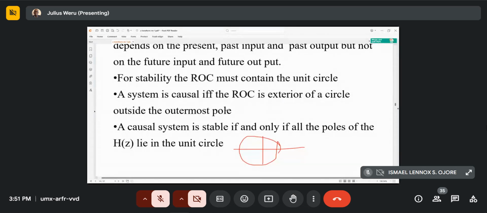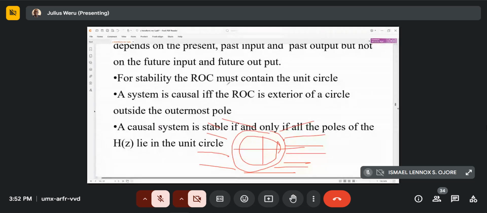So if a system is causal, the ROC must be outside the poles. If you have your poles here, then the ROC must be outside. That is for causal.